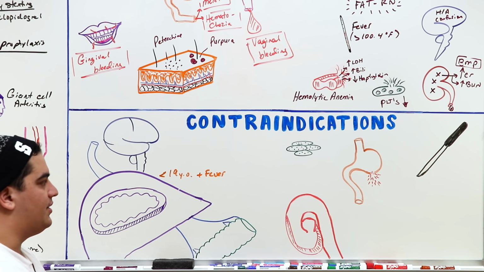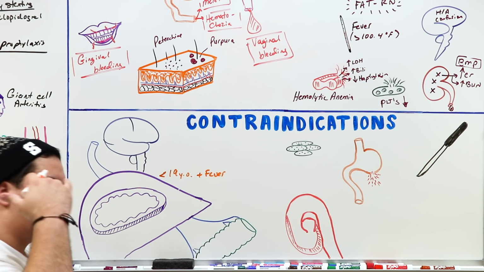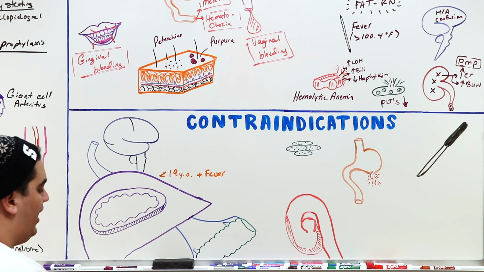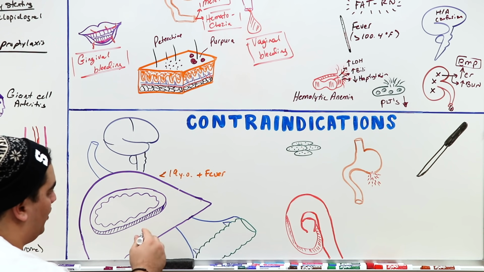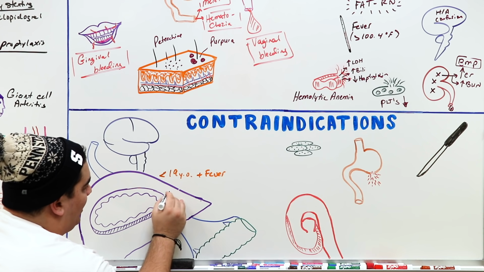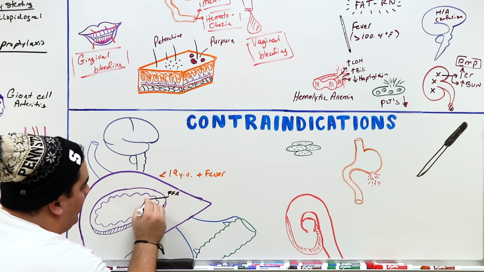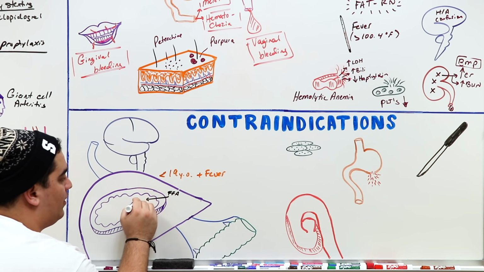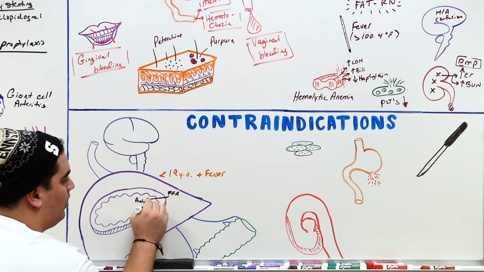The reason why is, and again, the mechanism isn't completely rock solid, but this is what they think. Inside of your liver, you have mitochondria, right? And the mitochondria are responsible for taking free fatty acids and breaking them down through a process called beta oxidation into what's called acetyl-CoA.